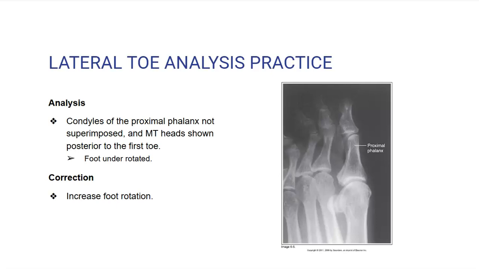Next, you want to look at the position of the metatarsal heads. They're demonstrated posterior to that first toe. That should indicate to you that the foot is under rotated. In order to correct this, we need to increase that foot rotation to ensure proper positioning of the proximal phalanx condyles and that they're superimposed.